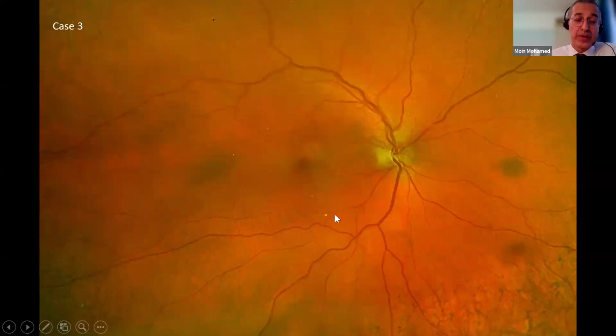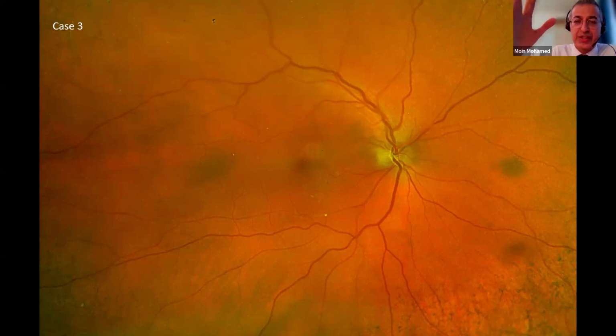Cholesterol emboli more likely come from atheroma, which is more typically in carotid stenosis. And fibrin-platelet emboli occur if you get an ulcerated atheromatous plaque, a clot forms, and then it dislodges and breaks into the circulation. So that is a branch retinal artery occlusion.